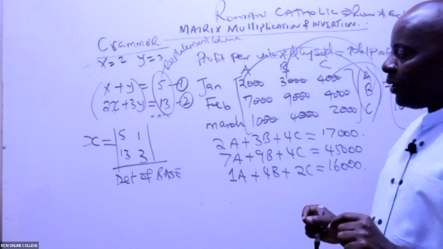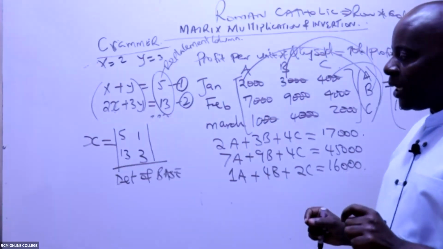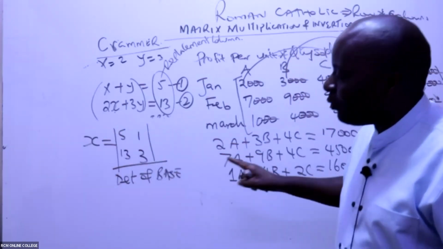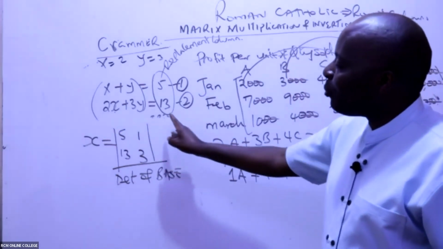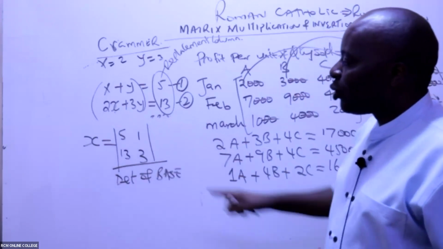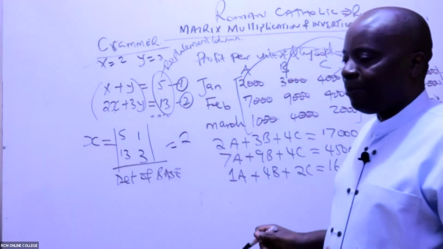So here, product of primary is 15 minus product of secondary. Product means you are multiplying. So 15 minus 13 gives me 2.